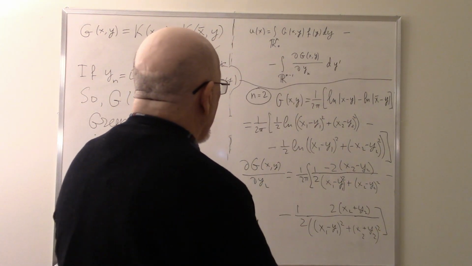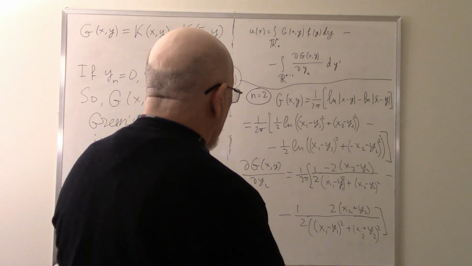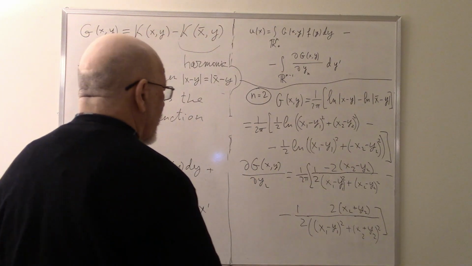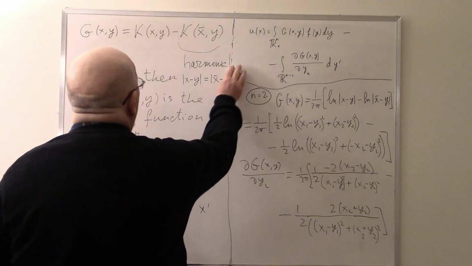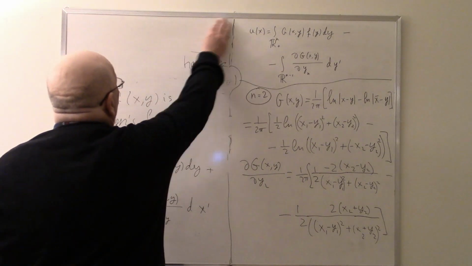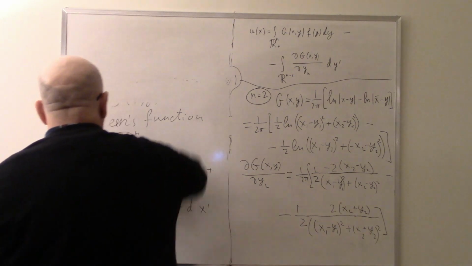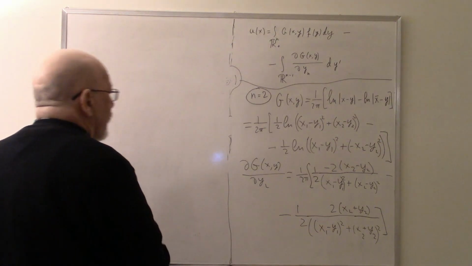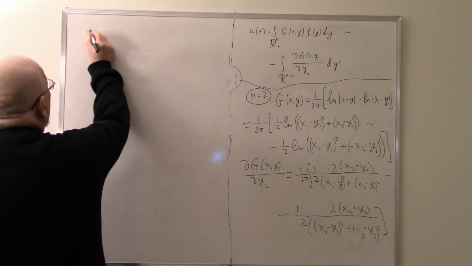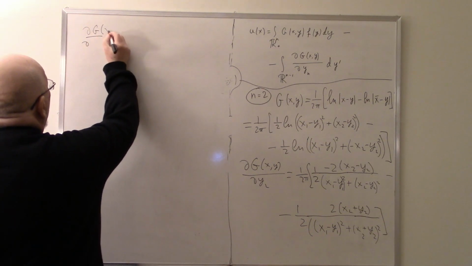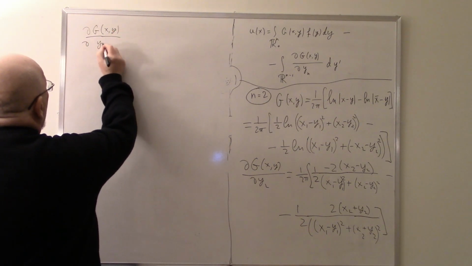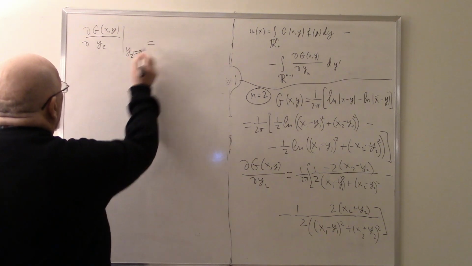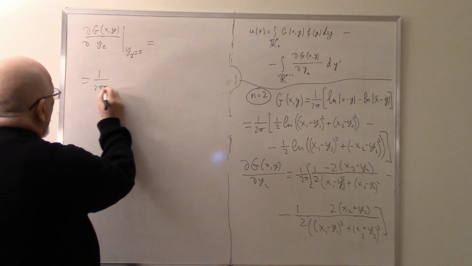Now let me find it when y1 equals 0, y2 equals 0. dg of x, y over dy2 at y2 equal to 0 equals 1 over 2 pi.